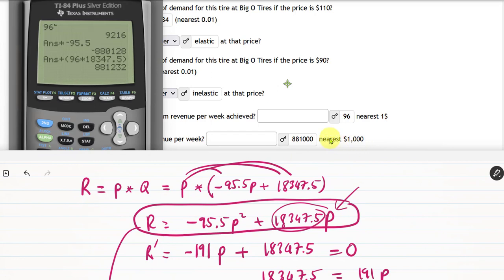And you want to round it to the nearest 1,000, so you just round it down to 881,000, because these three numbers, they are less than 500, so we just round it down to $881,000.